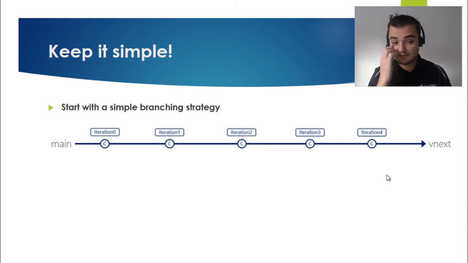As time goes by, we can see some iterations happening, and they will be incrementing and adding more code in your branch, and then it's pointing towards your next version.